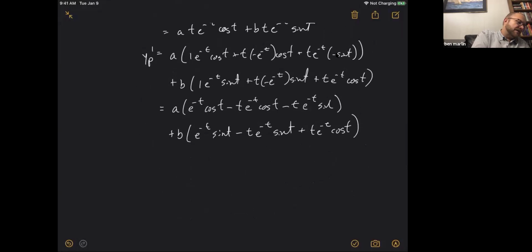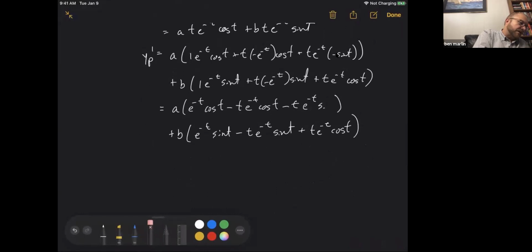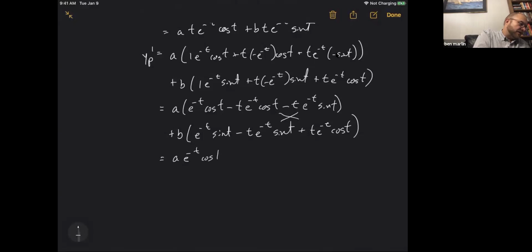but let's take notice here of a little something that went on as we went. Okay. So notice that we have some cross-term things going on. So I might suggest on this to go ahead and write a e^(-t) cos t, and then plus, and I'm going to put some parentheses there, t e^(-t) cos t. All right.